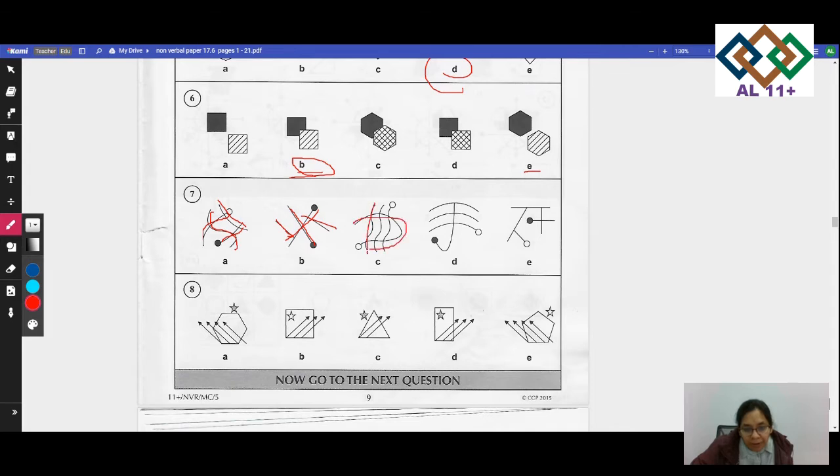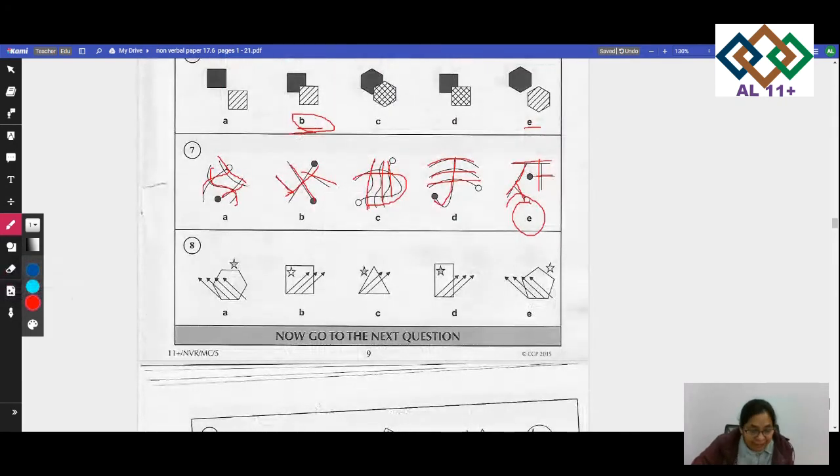One, two, three, four. One, two, three, four. One, two, three, four, five. It's E.